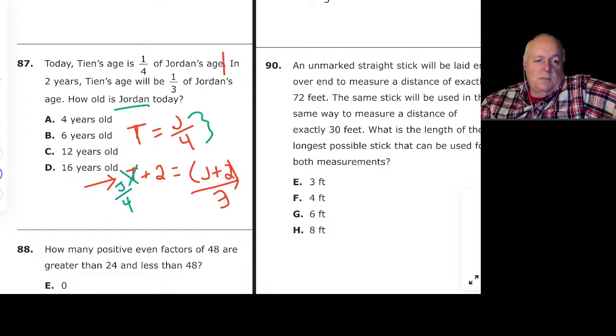So we're going to get 3J. Okay, there's 2 terms here. There's the J and there's the 2. So 12 times 2 is 24. Right? I'm multiplying every term in both sides of the equation by 12.